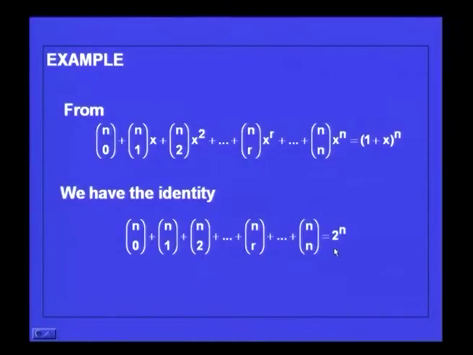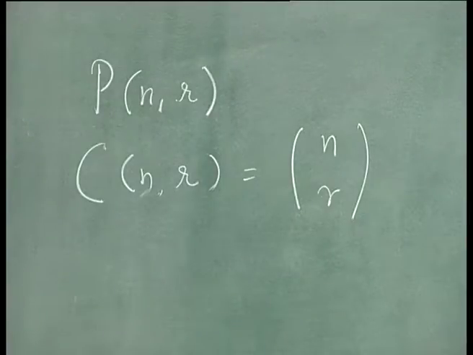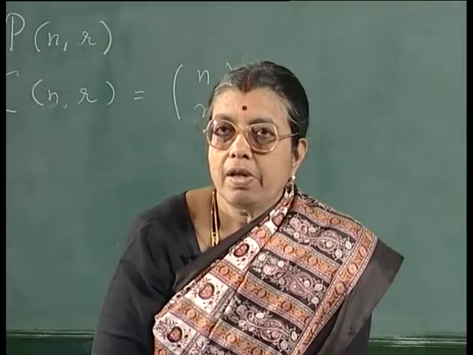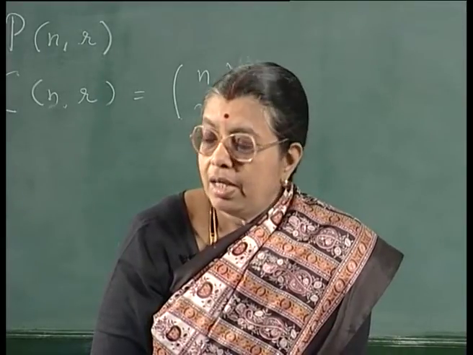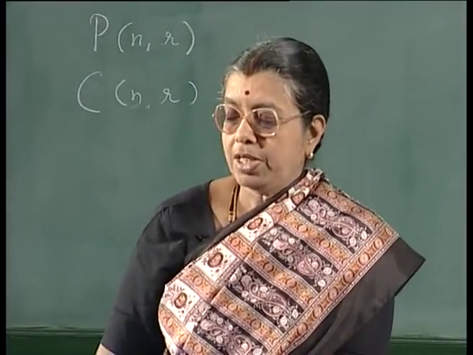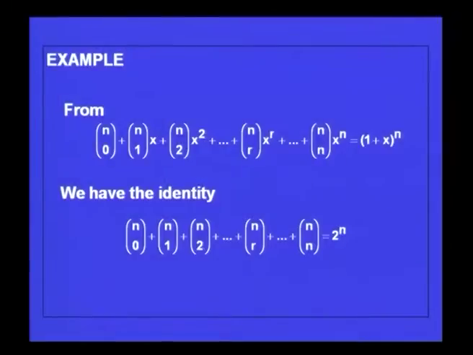You can very easily see that from a combinatorial point of view, you have n objects. For each object you have 2 possibilities, either you can select or not select. So, for n objects there will be 2 power n possibilities. That is what you get on the right hand side.